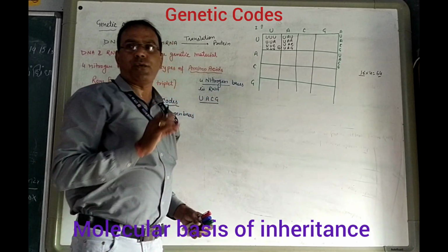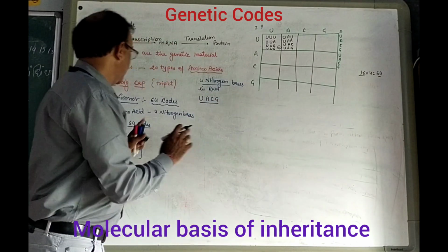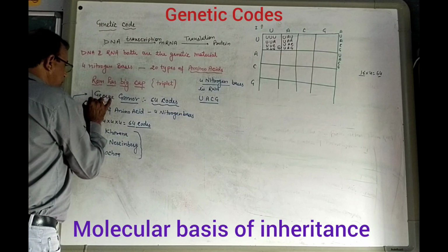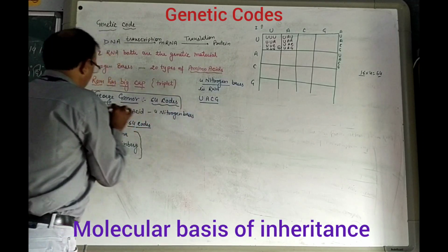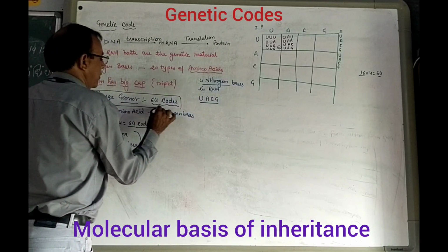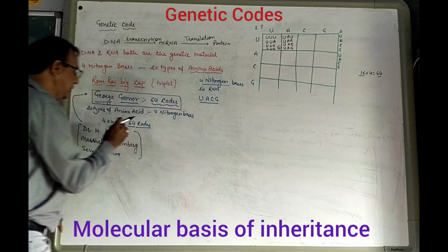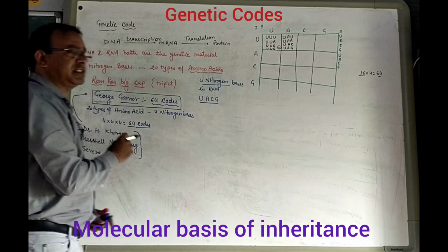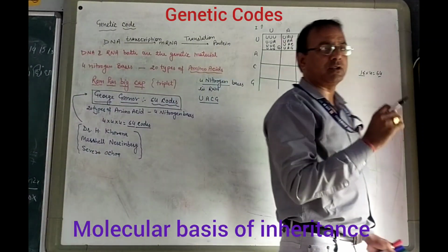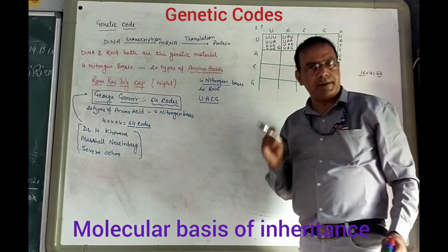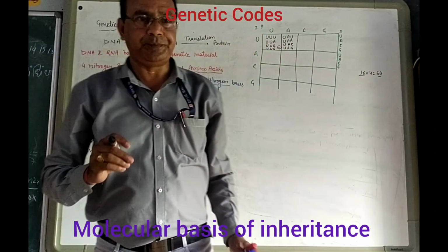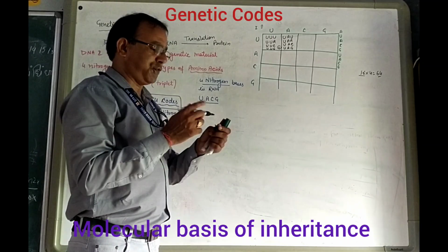There are 64 codes present. This was proposed by George Gamow, and not only George Gamow, he was supported by 3 other scientists, Dr. Hargobind Khurana, Marshall Nirenberg, and Severo Ochoa. These are the 64 codes.